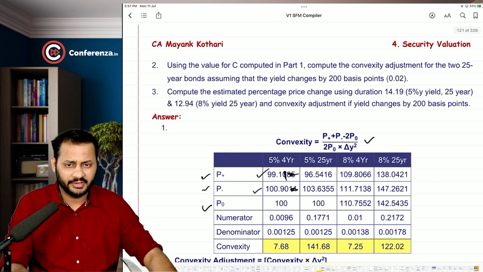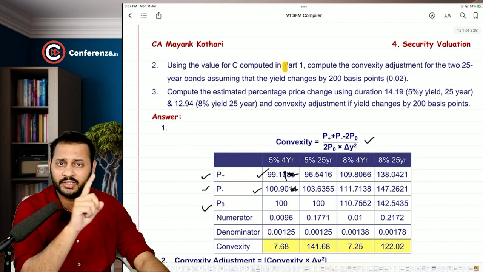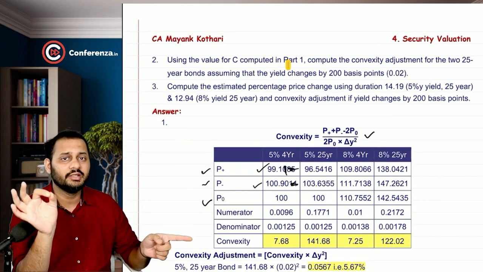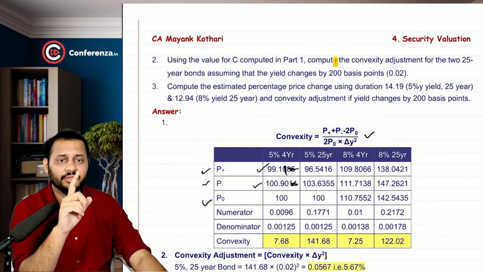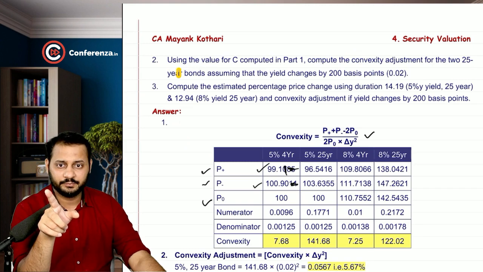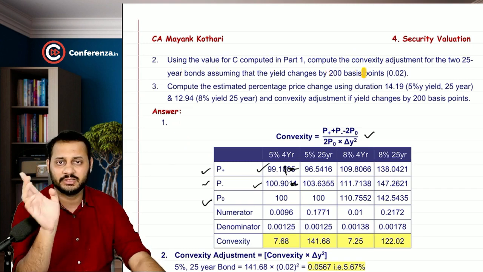Getting it? Using the value for C computed in part 1. What is the second question? Whatever you have computed in part 1, compute the convexity adjustment for the 25-year bonds, assuming that the yield changes by 200 basis points.